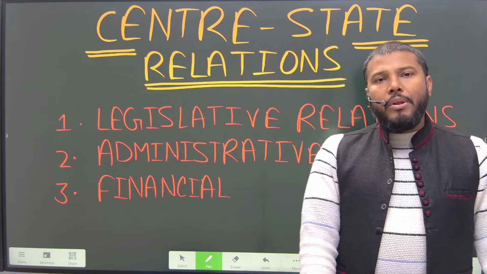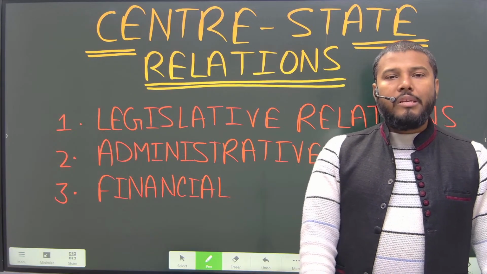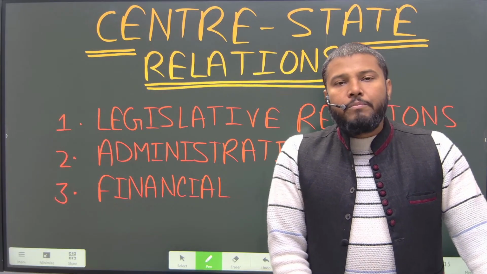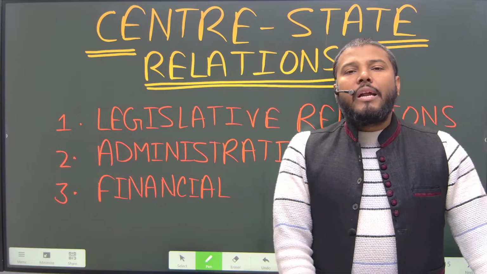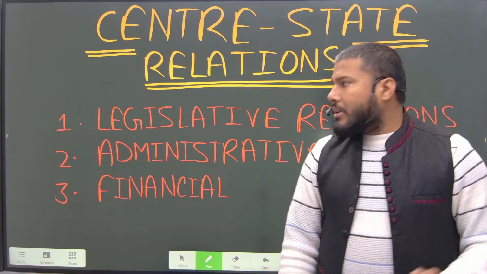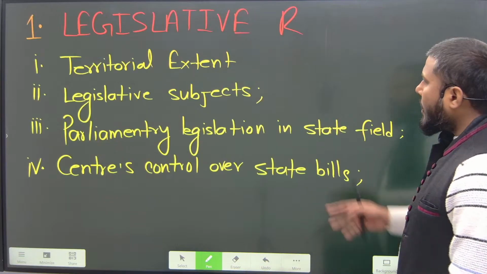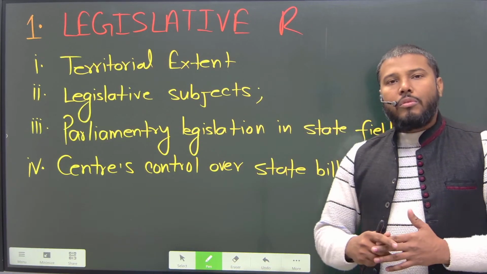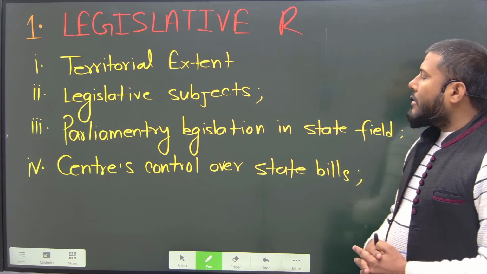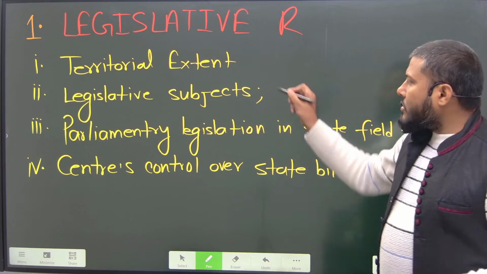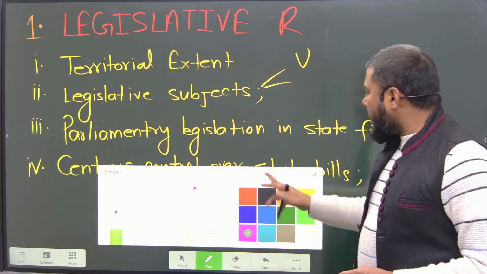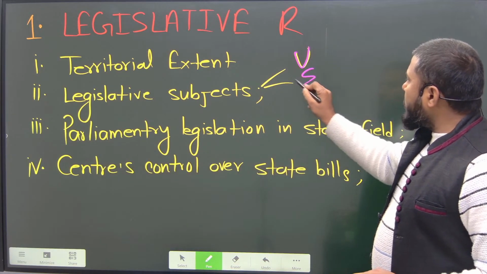We have understood the legislative relationship between the center and state in detail, including the territorial extent on which the center and state enjoy power to legislate. Legislative subjects: we did the union list, state list and concurrent list.